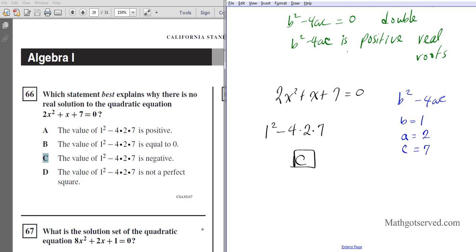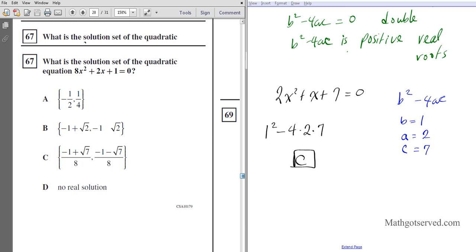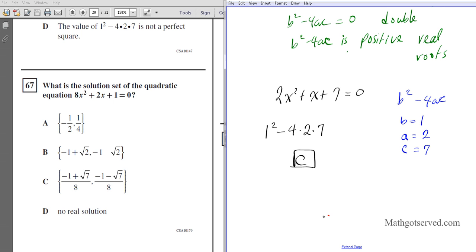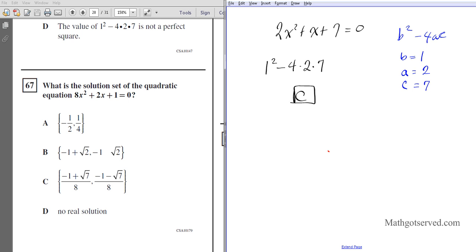Alright, let's move on to 67. It says, what is the solution set of the quadratic equation? Let's see. It might be factorable.